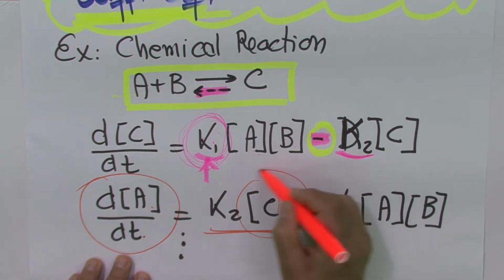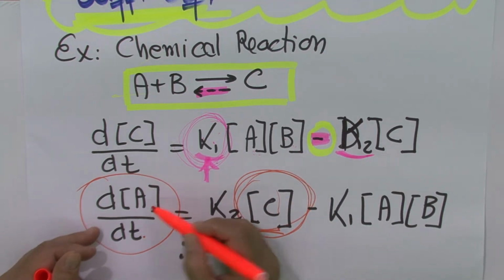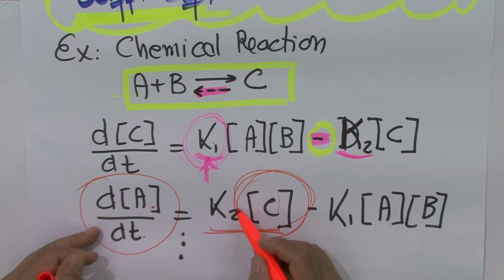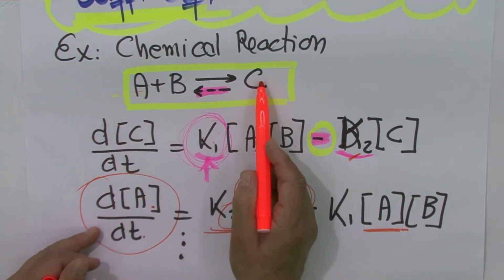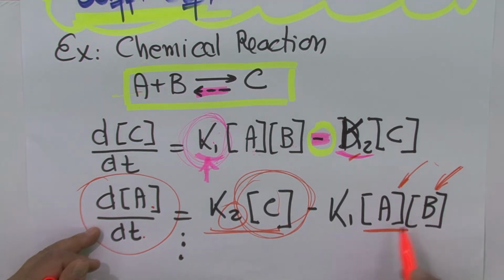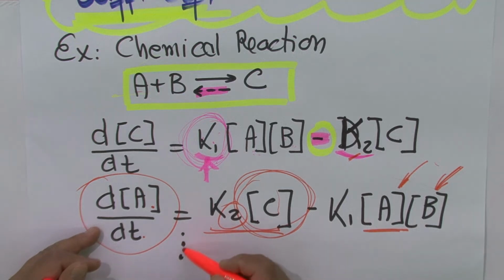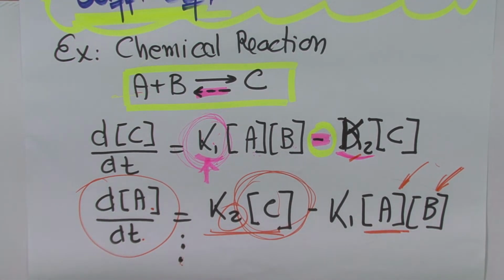So depending on the concentration of C, I may increase the concentration of A because of this process, because of this K2. But the reaction will consume. The reaction taking place, the presence of B here together with A, will consume the A molecule. So this happens. And of course, I may now want an equation for B, and so on.